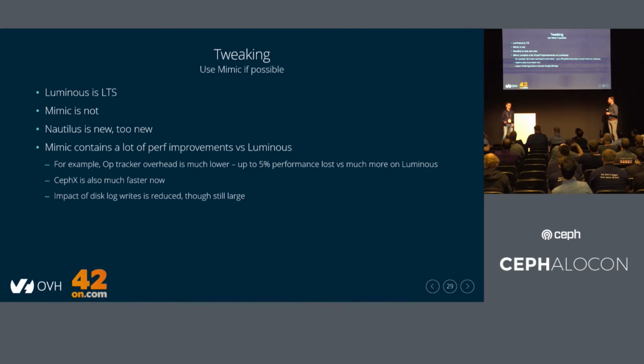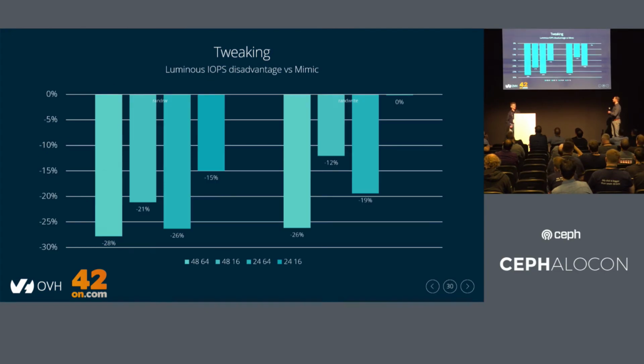When I was doing the testing it wasn't even out, so I wasn't sure it would meet our needs, and we decided to stick to Mimic. Speaking of Mimic performance, you can see it's up to a 28% performance increase when going from Luminous to Mimic alone. So I highly recommend going to Mimic.